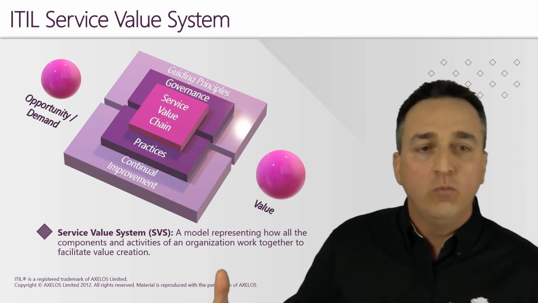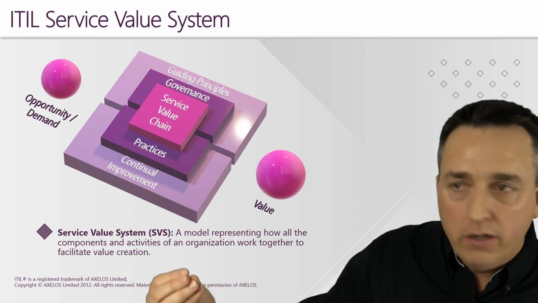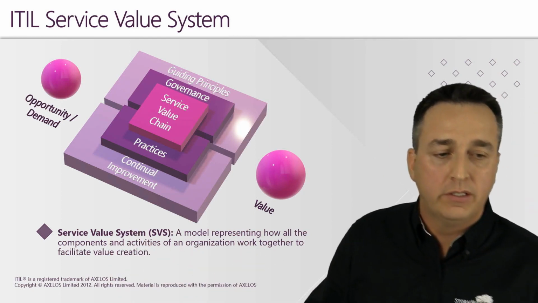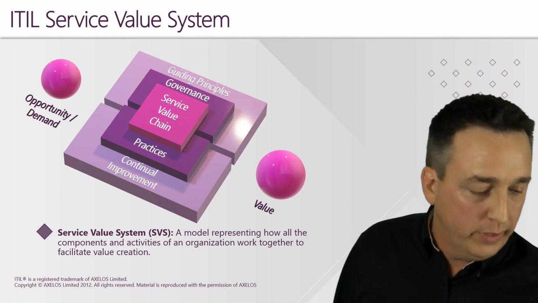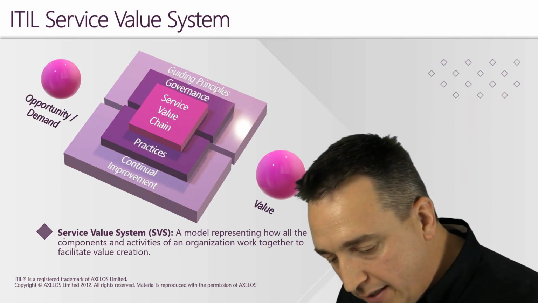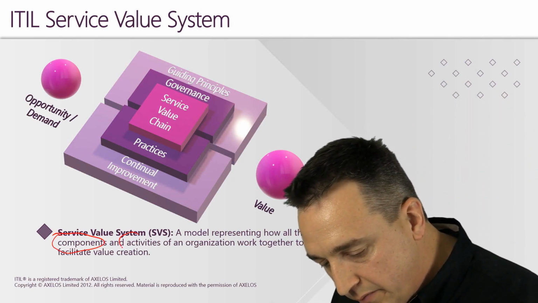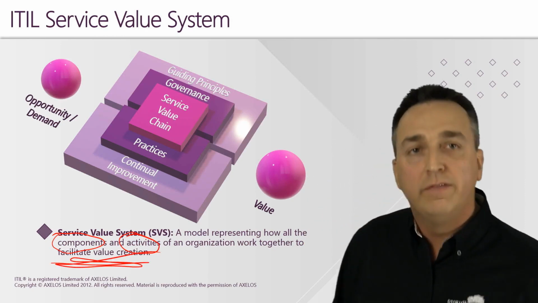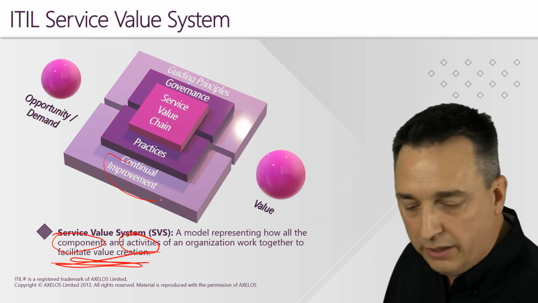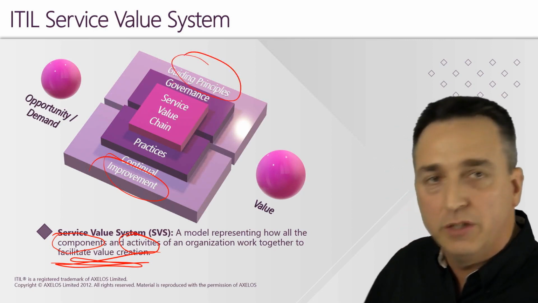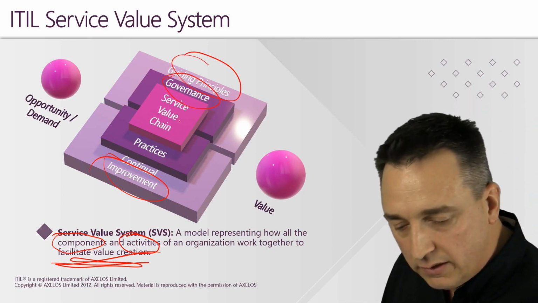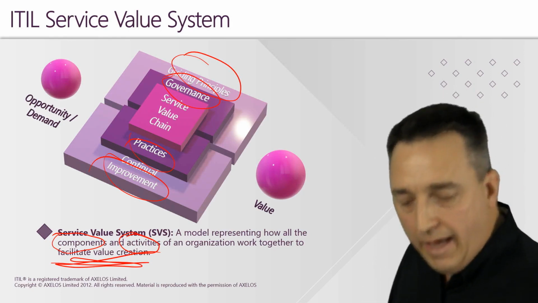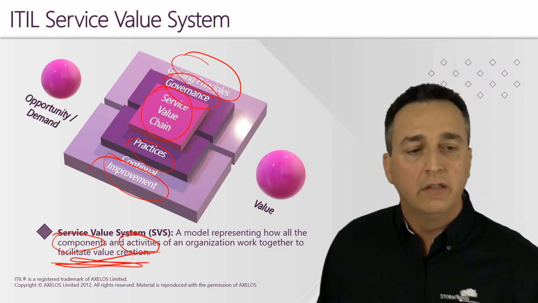It's our framework, a model, as they define it, called the service value system, that has various components, various activities, that ultimately in the end help you do what? Facilitate value creation. What are the components? Continual improvement, guiding principles, governance, practices. And in the middle here, the service value chain.